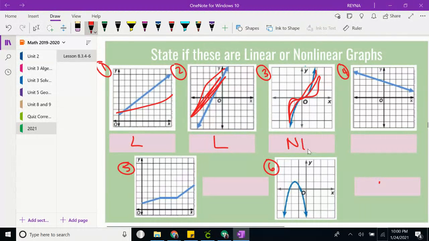So we would say that's nonlinear. Number 4 is also straight, so linear. Number 5 has a combination of straight, straight, straight, but it's not one straight line. So we would call this non-linear. And then the last one is curved upside down, so we say non-linear. I hope you did good on that one.